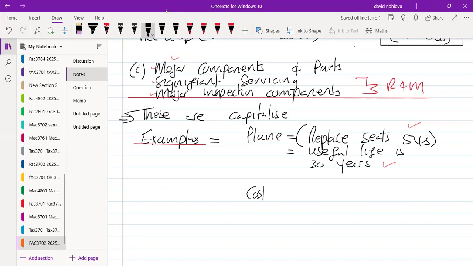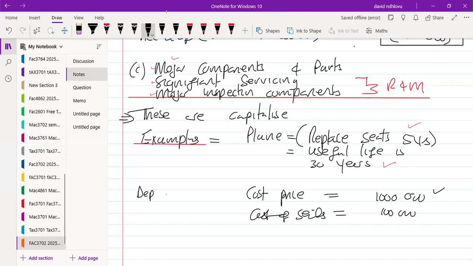If the cost price of the plane is 1 million, you need to determine the cost of the seats. If the cost of the seat is 100,000, which is included there, it simply means that the rest will be depreciated over 30 years. But the seats now will be depreciated over 5 years.